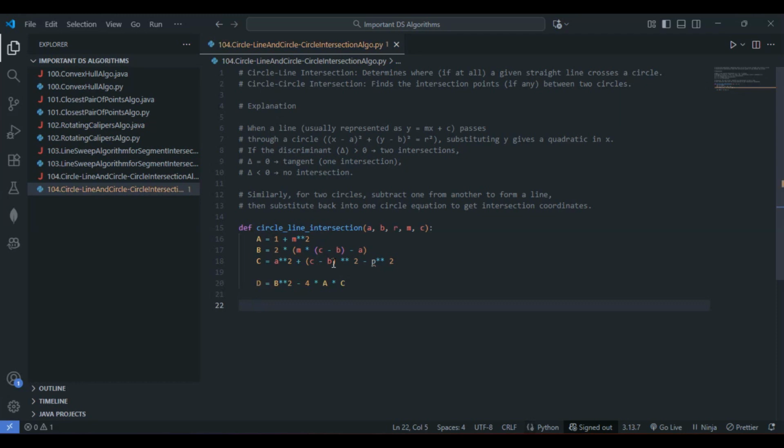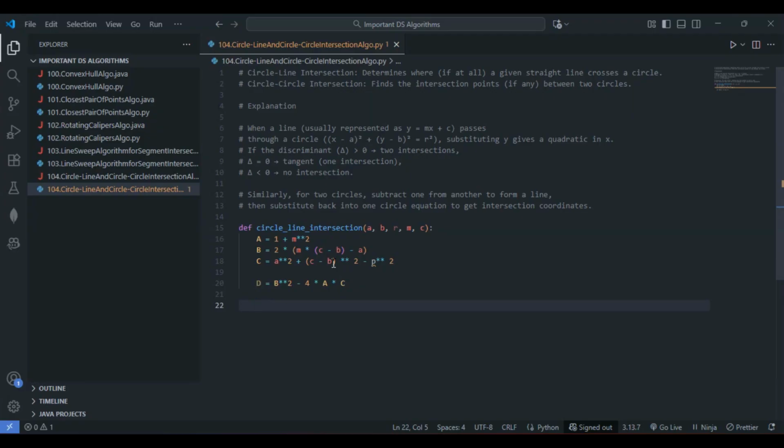So the next part, let's go with a simple if condition. We have to go with no intersection when d is less than 0. When d, the discriminant, is equivalent to 0, then there is a tangent at one point, and we have to return the tangent point.